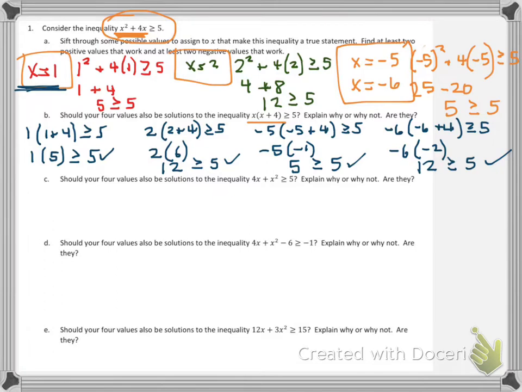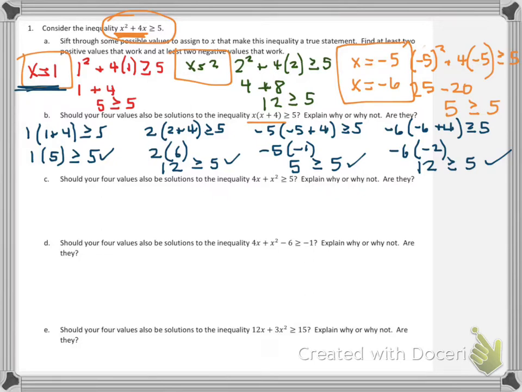So I didn't really have to substitute all of those values in to know that they were all still going to work if I recognized that the distributive property was employed here to make an equivalent expression on the left side of the inequality. So instead of substituting for the next one, let's see if we can recognize anything happening that would assure us that all of these solutions would still be intact.